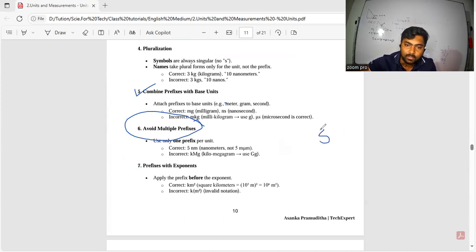That means we do not use milli-kilogram. We use only one prefix at a time. Understood? That is a very important thing.